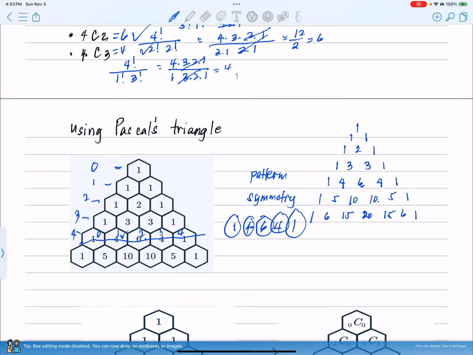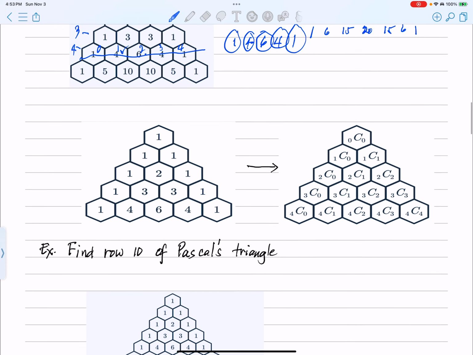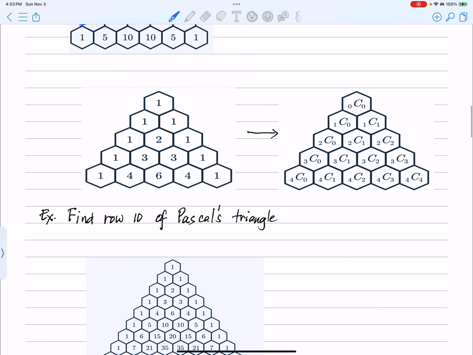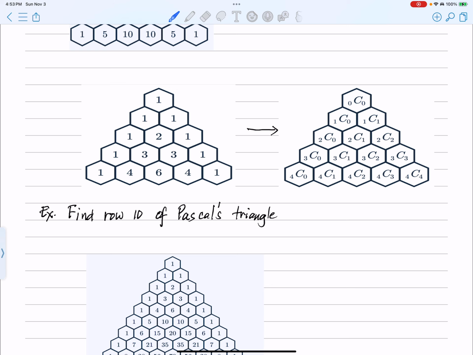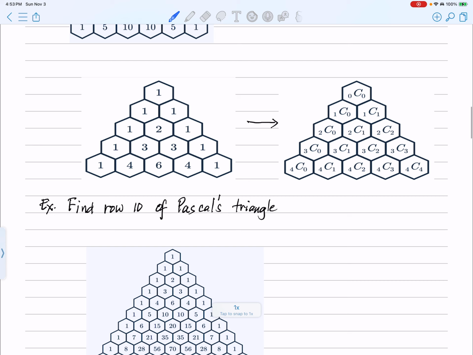Okay, let's do more. So in other words, by doing that, I have here a 1-to-1 correspondence. The first one here corresponds to 0 choose 0. This one, 1 choose 0, 1 choose 1, 2 choose 0, 2 choose 1, 2 choose 2, and so on. 3 choose 0, 3 choose 1, 3 choose 2, and so on.